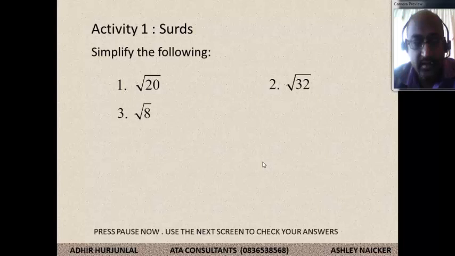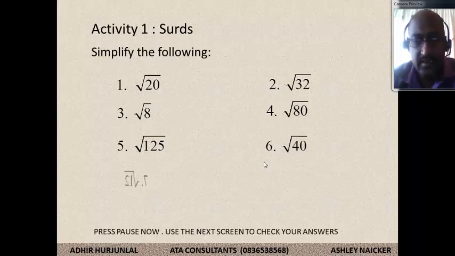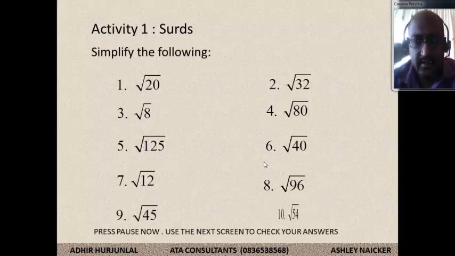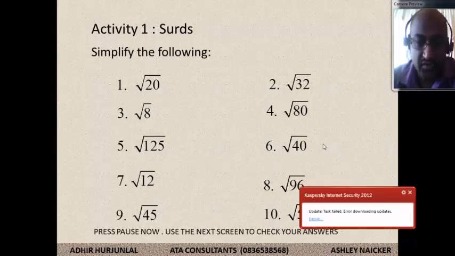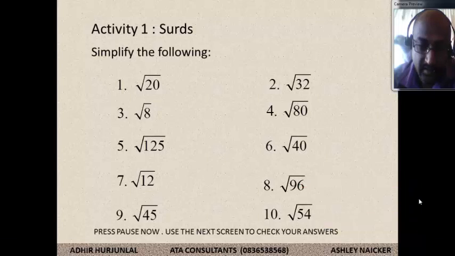Example number 3, example number 4, example number 5, example number 6, 7, 8, 9, and 10. Anybody wondering what is that above my shoulder? That seems to be a bird. Guys, I want you to try these few examples. I'll give you but a few seconds to copy them down, and we will try them out.